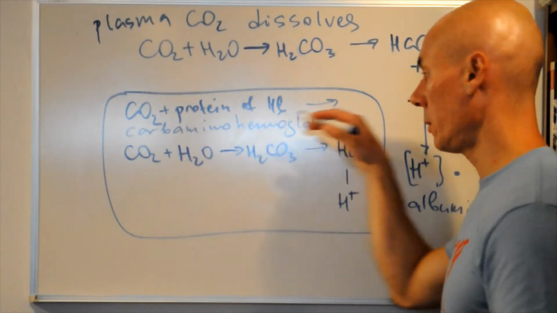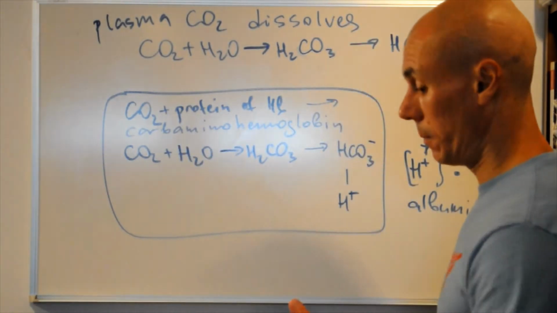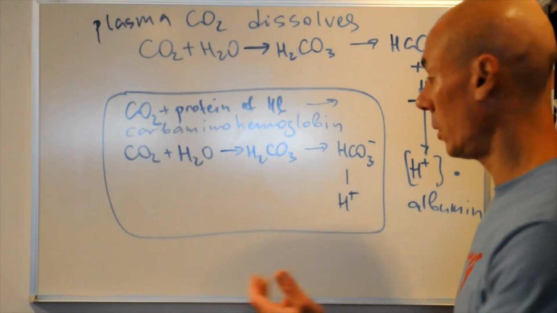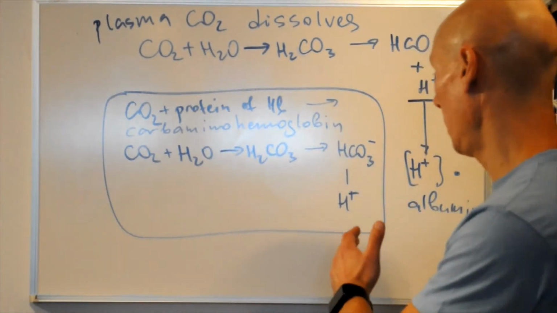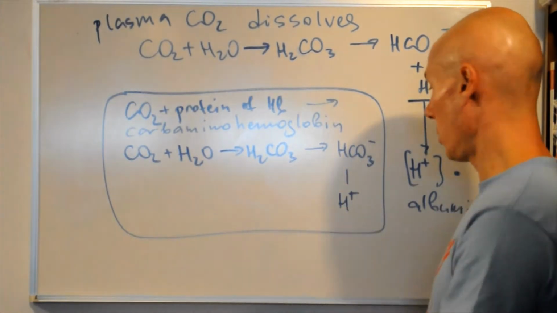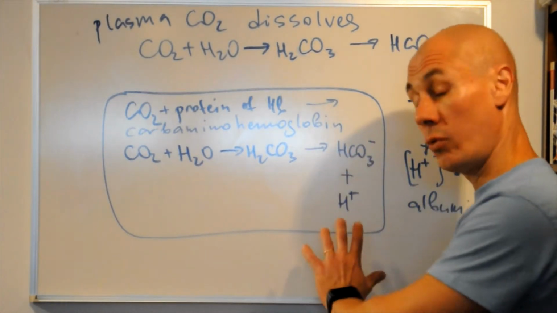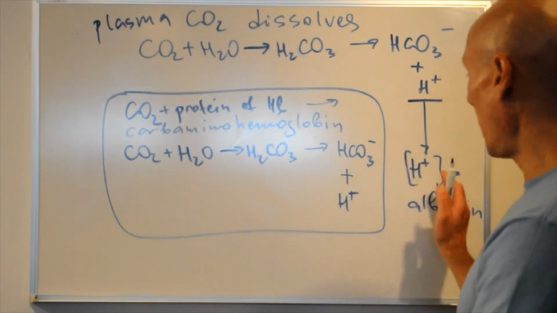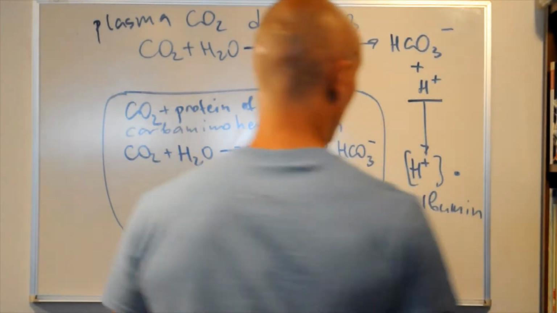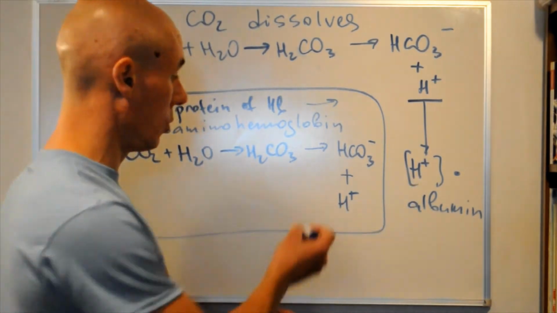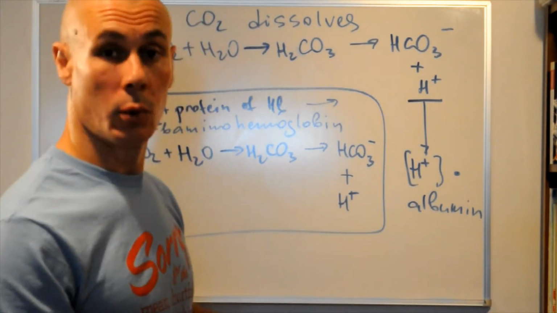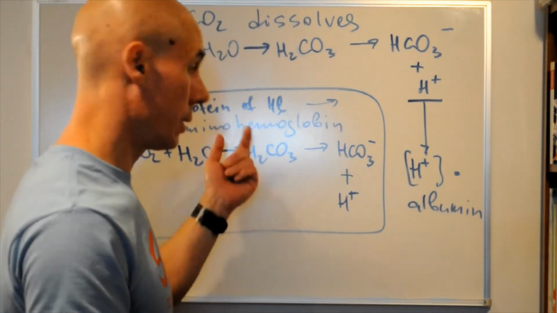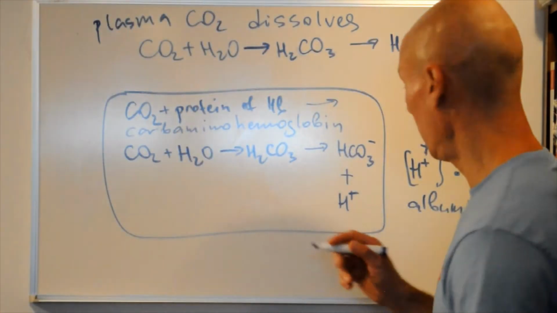In order to shift the equilibrium to the right, we need to remove that hydrogen ion from the reaction sphere. In the plasma, we did that by binding hydrogen to albumin. What about the red blood cell? What's the most common protein in the red blood cell?